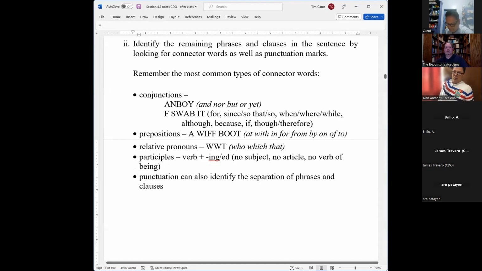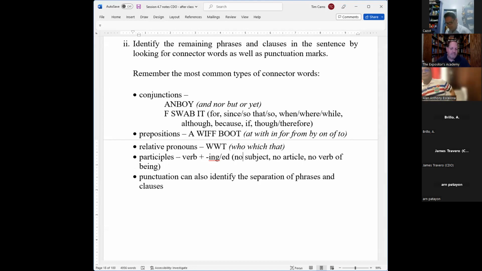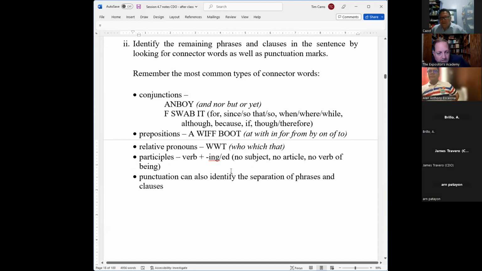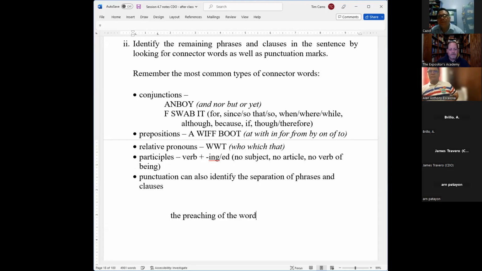The way you can determine if it's a participle is to look to see if there's a subject or an article or a verb of being. If you don't see any of those in front of it, so for example, if you see 'the preaching of the word,' this is not a participle because there's an article in front of it.